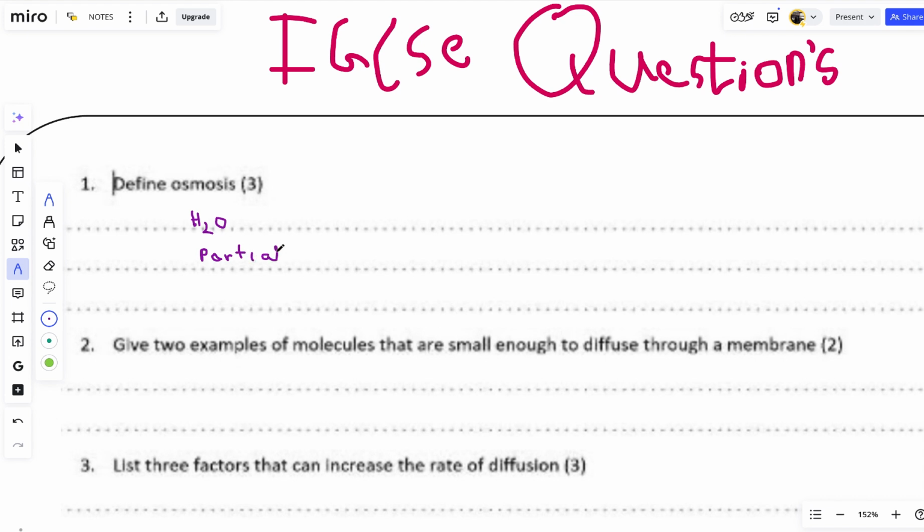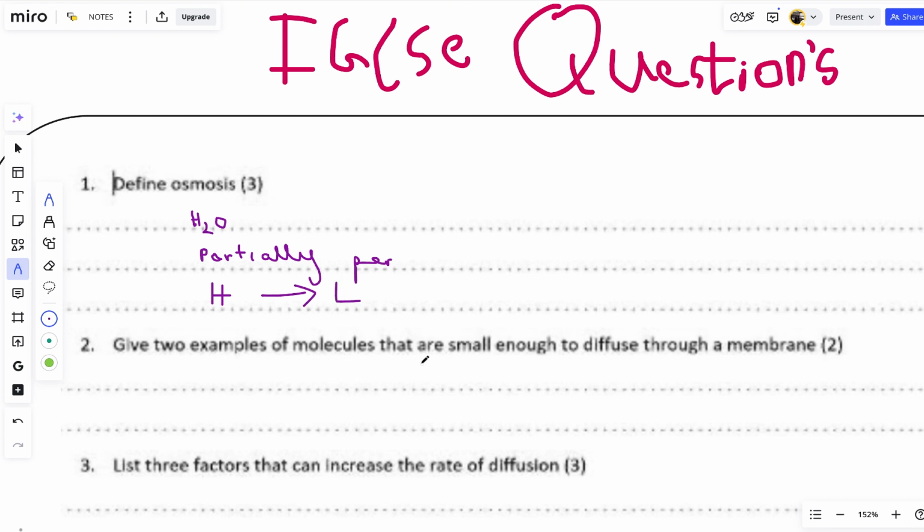The third one: from which region to which region? For osmosis, higher to lower. So I'll just use H for higher to lower. You must mention these 3 things in order to get the 3 marks.